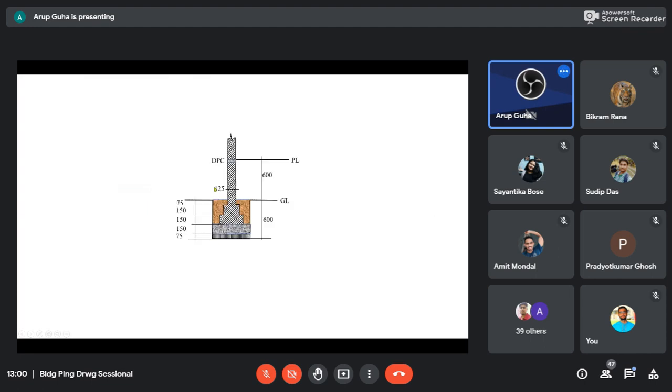That could be 125 millimeter or 100 millimeters, half the brick width, and that will have a thinner width of foundation. Okay. Everything remains same, but the DPC must be there, because moisture will go up whether it is load bearing or non-load bearing. The DPC must be given just below the plinth level.